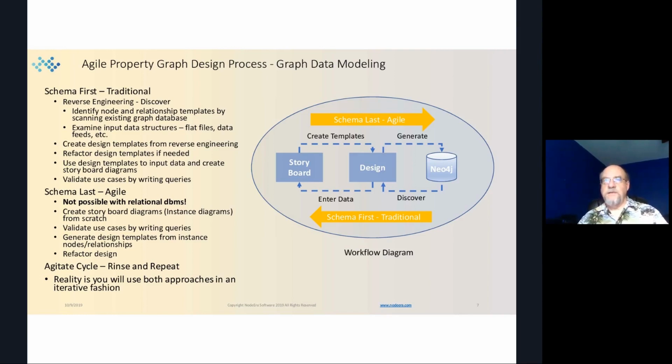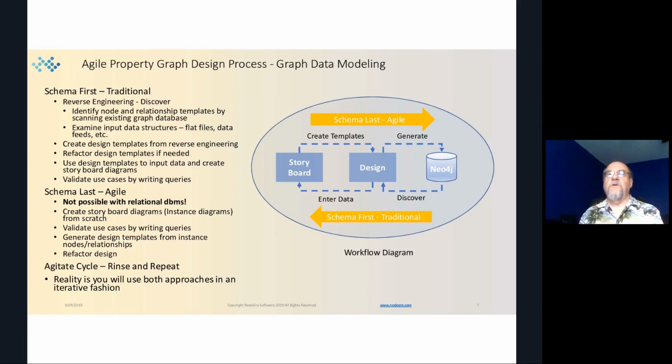What's really exciting with Neo4j is that we can do this in reverse. And this is really more the agile approach, which is really what we're after in a methodology. This you literally can't do with a relational database. We're going to start with instance data.